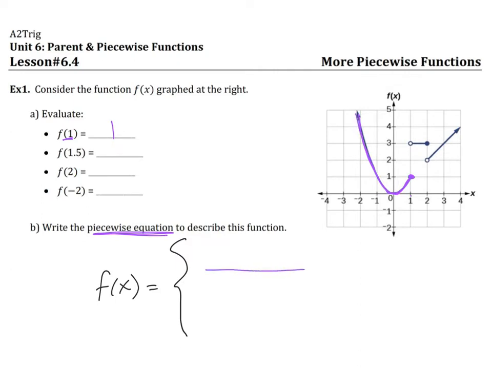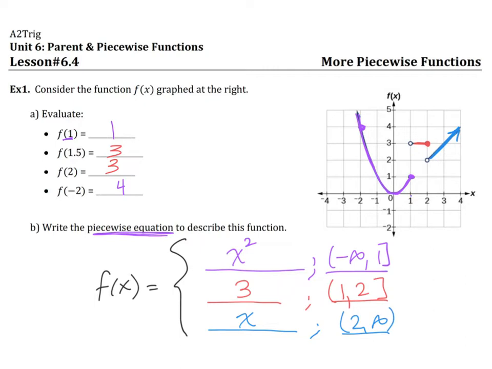So we're going to have one part, and then we need to do the domain. Another part is this red part right here. So we're going to have that equation and its domain. And then this last part, I'll just keep blue, which is part of a line, I hope you're thinking. So we have the equation and then the domain restriction. So go ahead and pause and try this on your own.